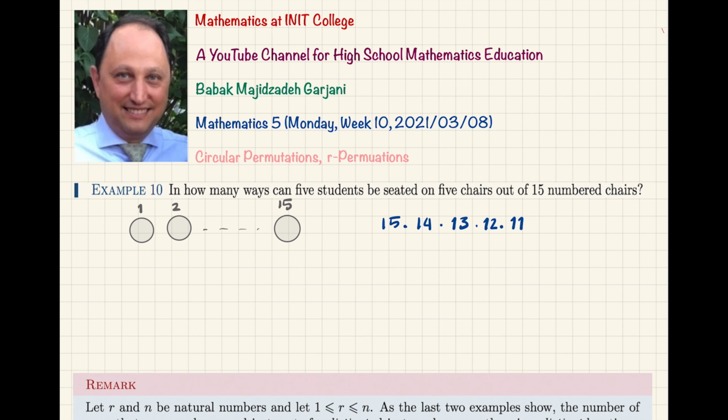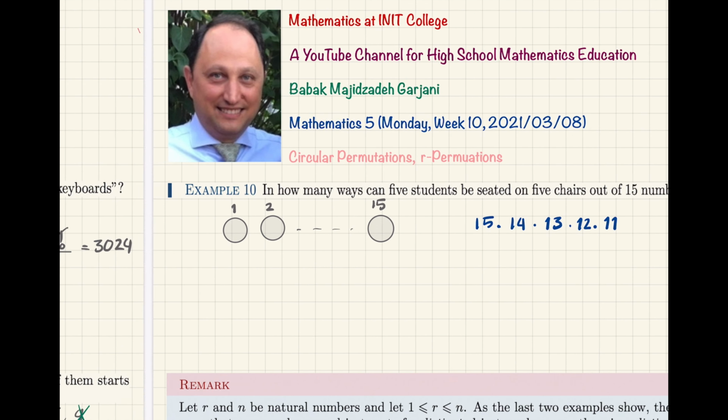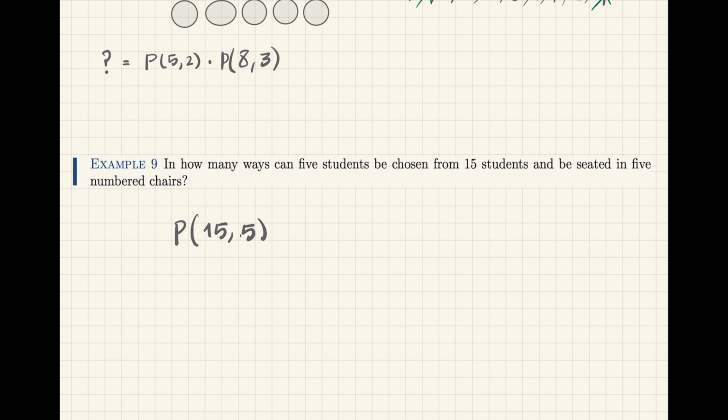And by the way, you see that I just used the product rule without any further knowledge. But I want you to be able to use these new notions. Okay, but do you agree that this is the same answer? Yes, because let me go back and calculate the previous problem. Here, if I calculate this according to the formula, it becomes 15 factorial divided by (15 minus 5) factorial.